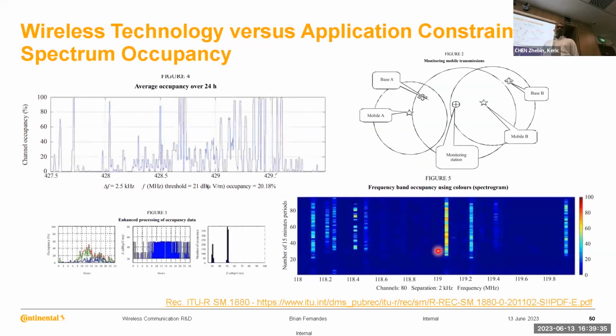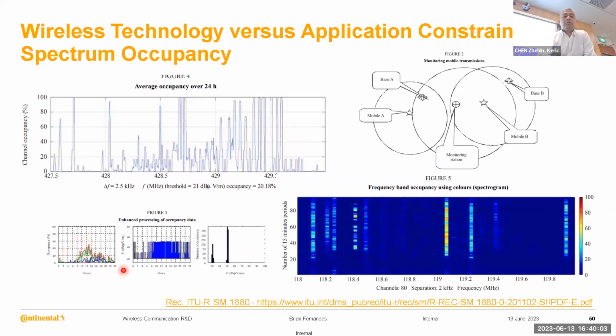Another very important part in terms of selecting a technology for a feature is the spectrum occupancy in that spectrum. And this is usually a big problem for us. What you get to see here is that the spectrum occupancy can vary over time, can vary over frequency, and it could have different intervals depending on the feature that's being used.